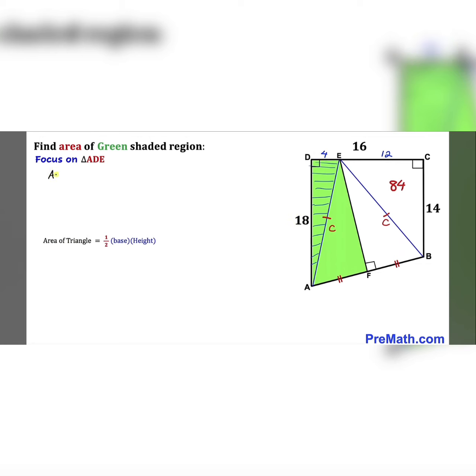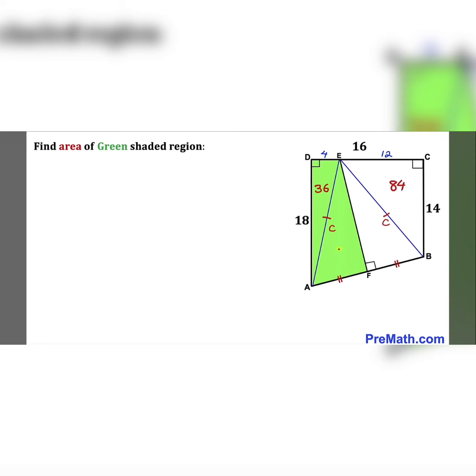So the area of this triangle ADE is going to be a half times 4 times 18, which turns out to be 36. So therefore the area of this triangle ADE turns out to be 36 square units.